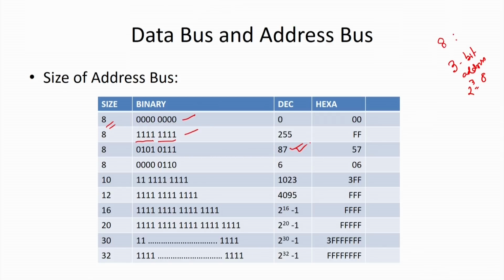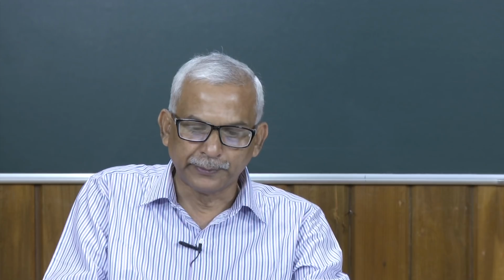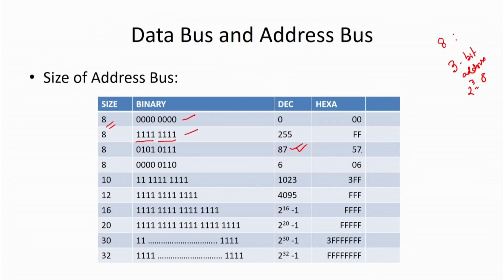That means we are looking for the 87th memory location. It is starting from 0. So, we go to the 87th memory location and from that location we either take the data or write data. The same information can be written in hexadecimal as 57.